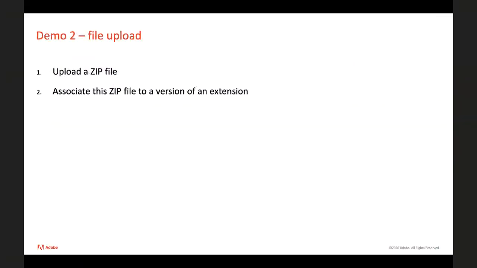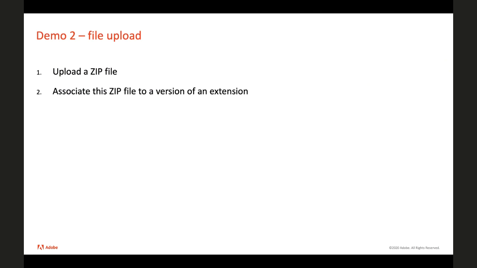Okay, so that was the first demo. That was just real basic type stuff. The second demo shows the more practical usage of the access key, getting a session token. In this case, we're going to upload a zip file, and we're going to then associate that zip file to an existing version of an extension that I have.